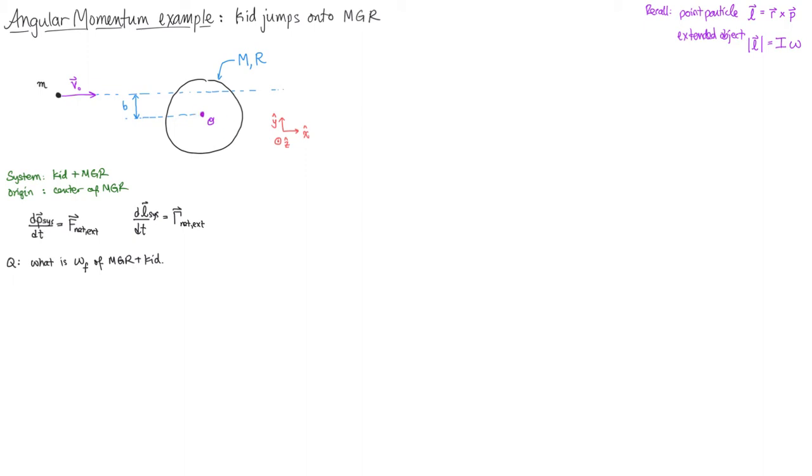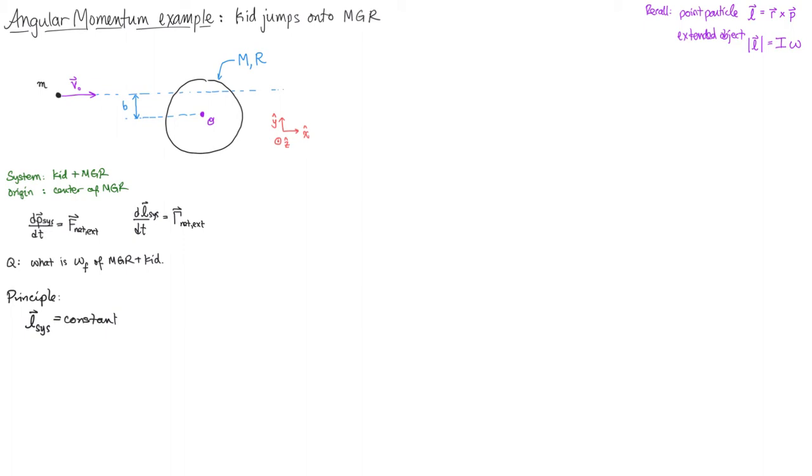And our goal is to find that. The tool we're going to use is the fact that the angular momentum is constant. So the physics principle that we'll make use of is that L of the system is constant. We'll use that information to write down the initial and final momenta, and we'll be able to solve for the angular velocity.